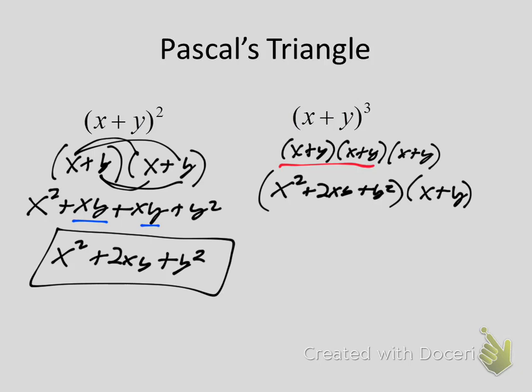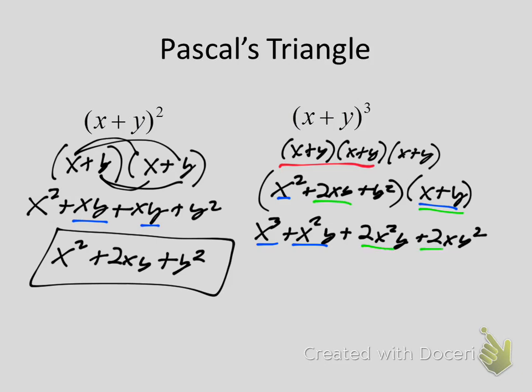Okay, then you do your trinomial times a binomial. So x squared times x gives you x cubed, plus x squared y. Now go to this term times those 2, plus 2x squared y, plus 2xy squared. It's these 2.